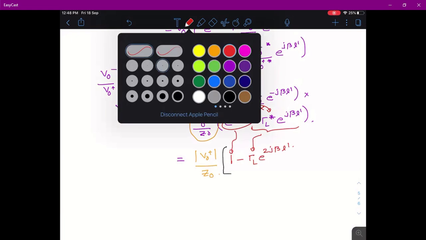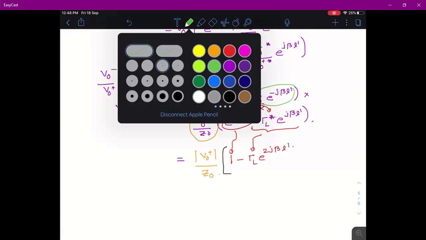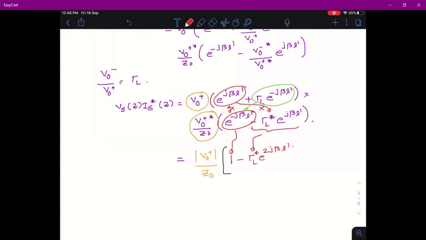Fine. Now, if you multiply tau L e raised to minus j beta L dash and this, so there is a tau L conjugate here, you will get plus tau L e raised to minus 2 j beta L dash.